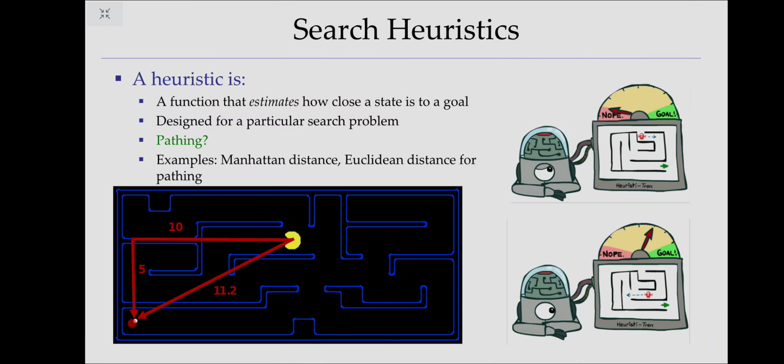If you are familiar with different distances, you can define different heuristics with respect to your task. That means heuristic is task dependent, and based on different tasks, we can define different heuristics.